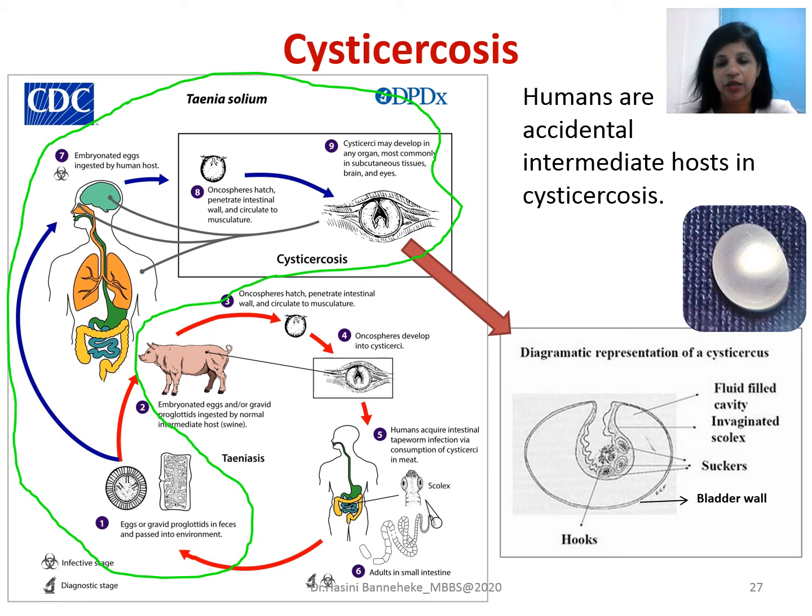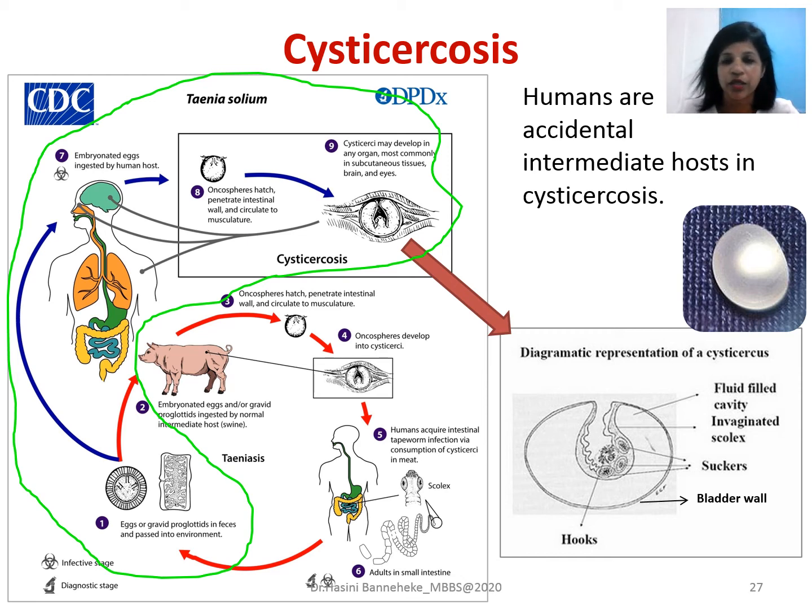In the circulation, they will spread all over the body, go to various tissues, and start encysting in those tissues. So basically here we are acting like the intermediate host. It's the same thing that happens in the intermediate host, but we are an accidental intermediate host. We are not the regular intermediate host like the pig.